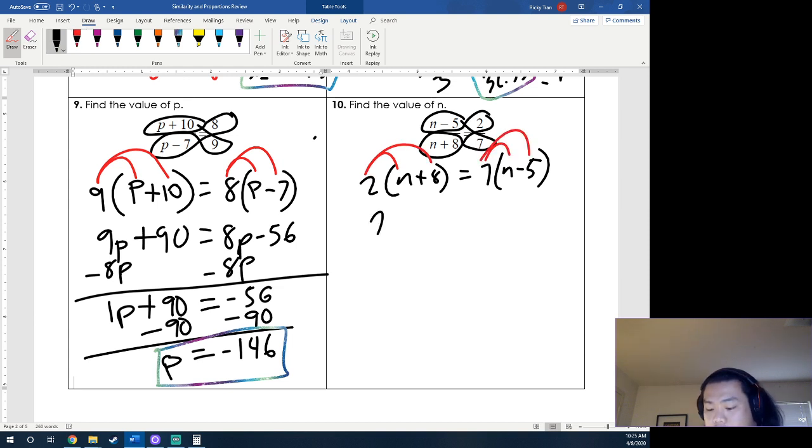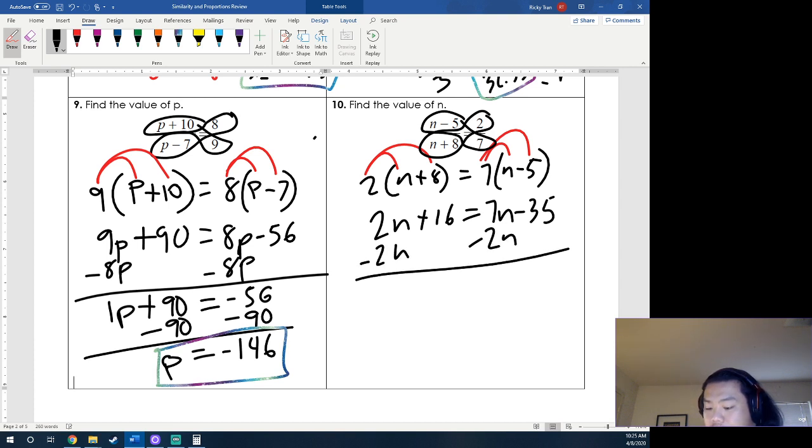So we have 2n plus 16, and then 7n minus 35. Just going to solve it like we do normally. I'm going to get rid of the 2n first. So we have 16 is equal to 5n minus 35. Add 35 to both sides.